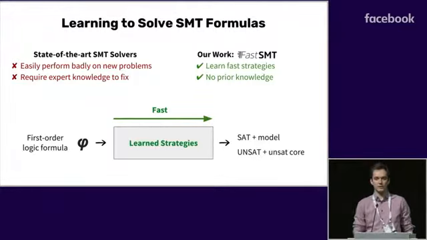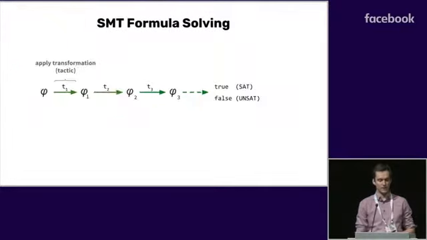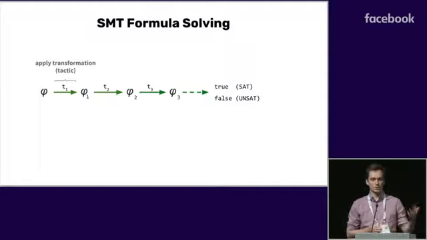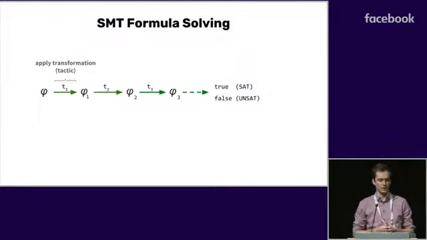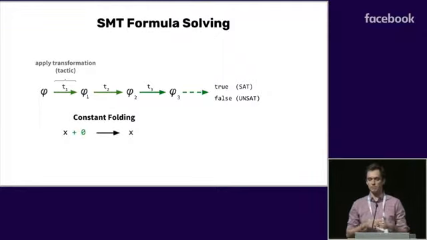And to start, let me give you just a bit of additional background about how an SMT solver solves a formula. So at the high level, to solve a formula, we start with the original formula, and we apply a sequence of transformations that try to rewrite or partially solve the formula until we reduce it to either true or false, which are trivially either satisfiable or not satisfiable. These transformations can be, for example, constant folding, where based on the theory of integers, we know that adding 0 doesn't have any effect.